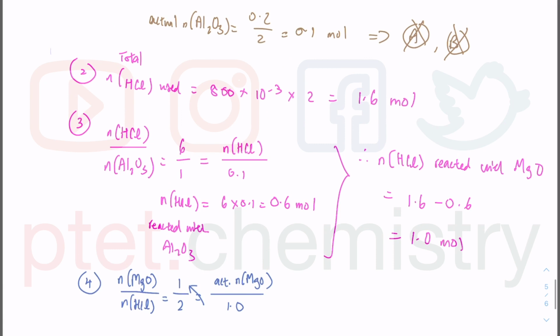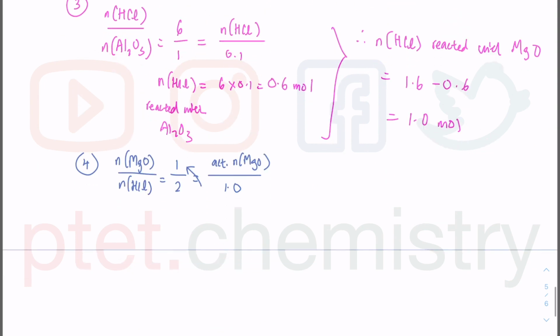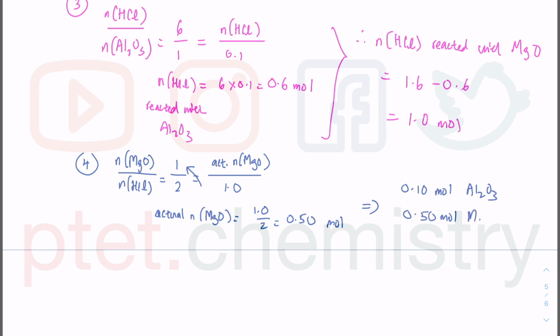Okay, I might be able to squeeze in the line there. So the actual mole of MgO is going to be 1.0 divided by 2, 0.50 mole, which means altogether I have 0.10 mole Al2O3 and 0.50 mole of MgO. That is going to be option D as the only correct answer there.